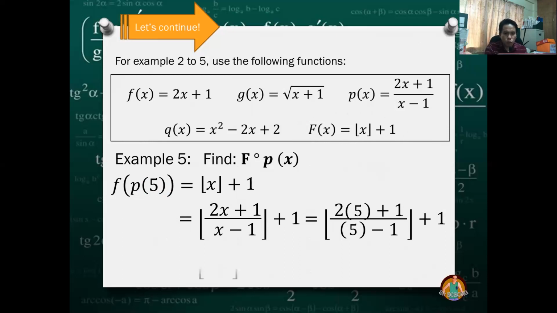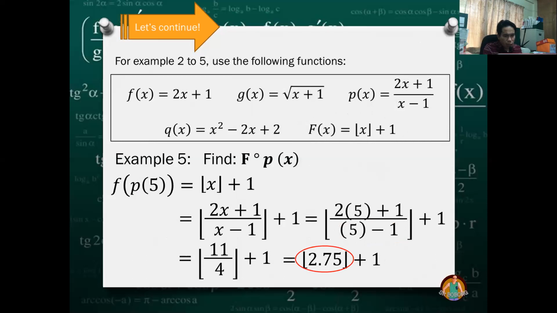Of course, 2 times 5 will give us 10, plus 1 will give us 11. And 5 minus 1 will give us 4. Okay? So, next. 11 divided by 4 will give us 2.75. Floor function of 2.75 plus 1. Okay?